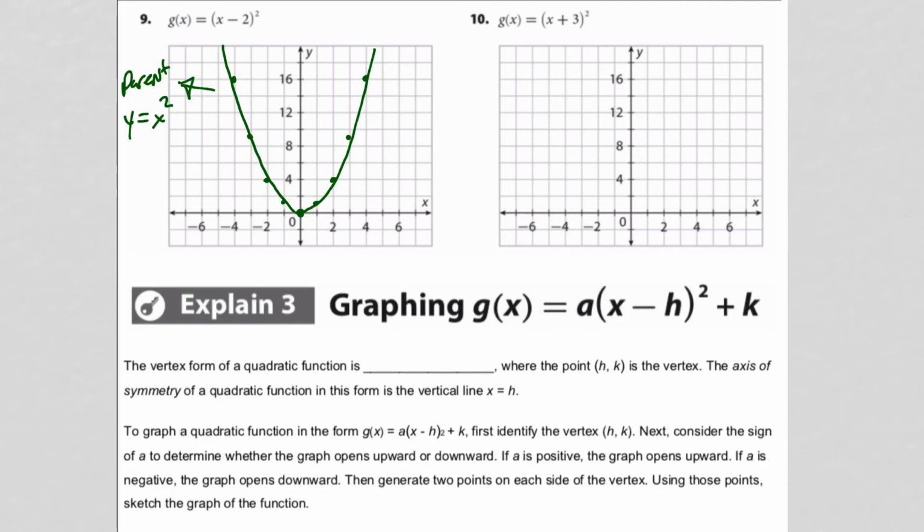And h here tells us that this is going to move 2 to the right.